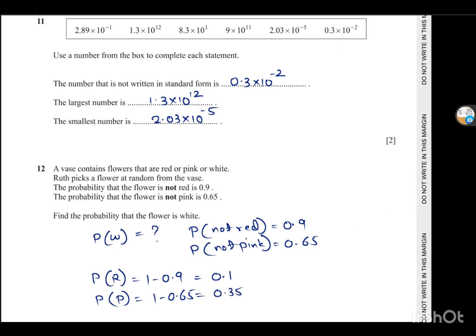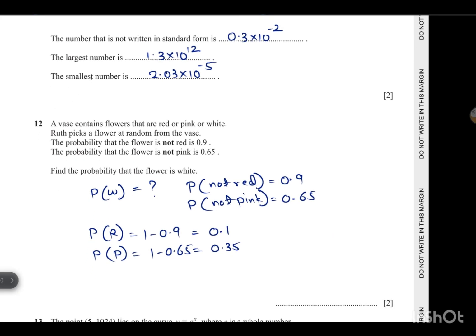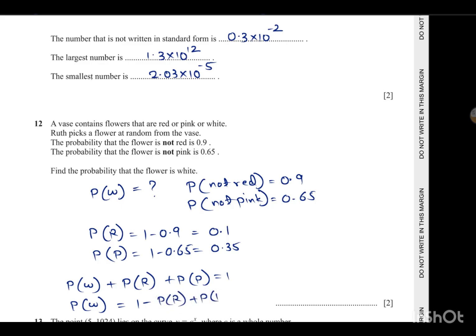Generally when you add all the probabilities, the value will be 1. Probability of white plus probability of red plus probability of pink will be 1. We already know these two values. So the probability of white is equal to 1 minus the sum of probability of red plus probability of pink.